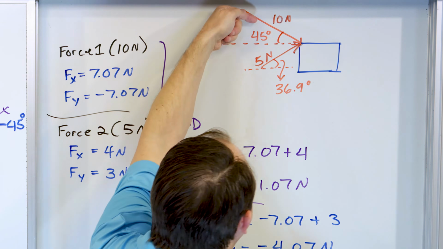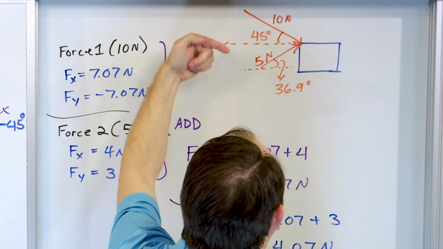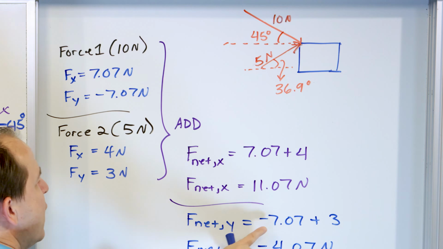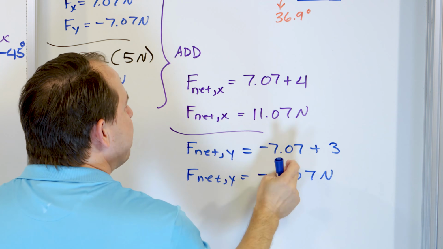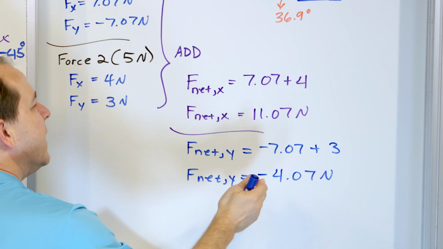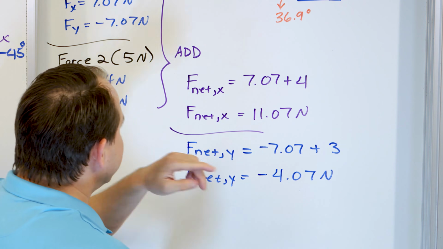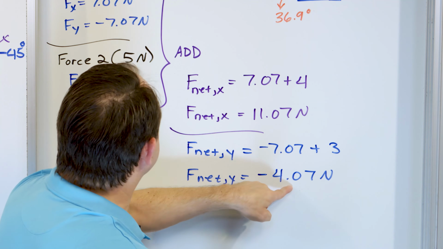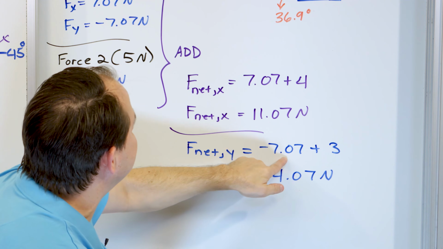But look in the y direction. This one's acting down, and this one's acting up. So they're fighting each other in the y direction. One of them was negative because it was acting down. The other one's positive, acting up, and they end up subtracting each other to give you a smaller number than just adding them, because it's like 3 minus this to give you a negative number, and that's basically still acting downward, but not as much as it was before.